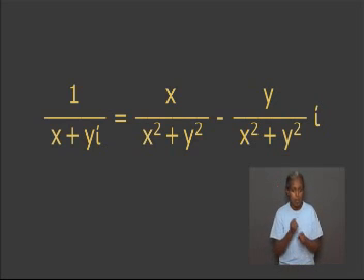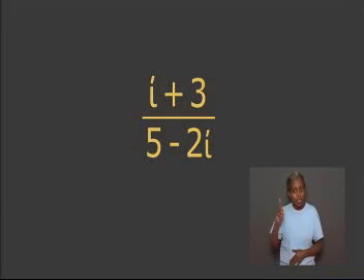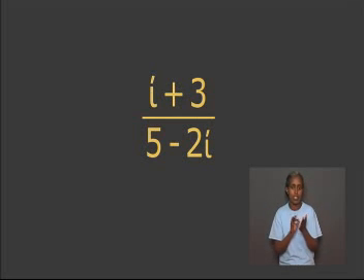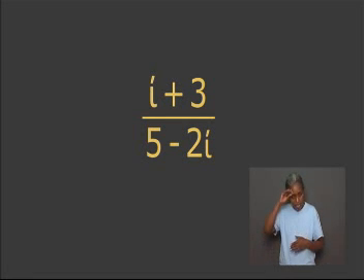Make a note of this, everyone. Now, try out the formula for yourselves, students. Here is an equation involving two complex numbers. See if you can apply what you have learned to find the result. You can get started right away. Good luck.